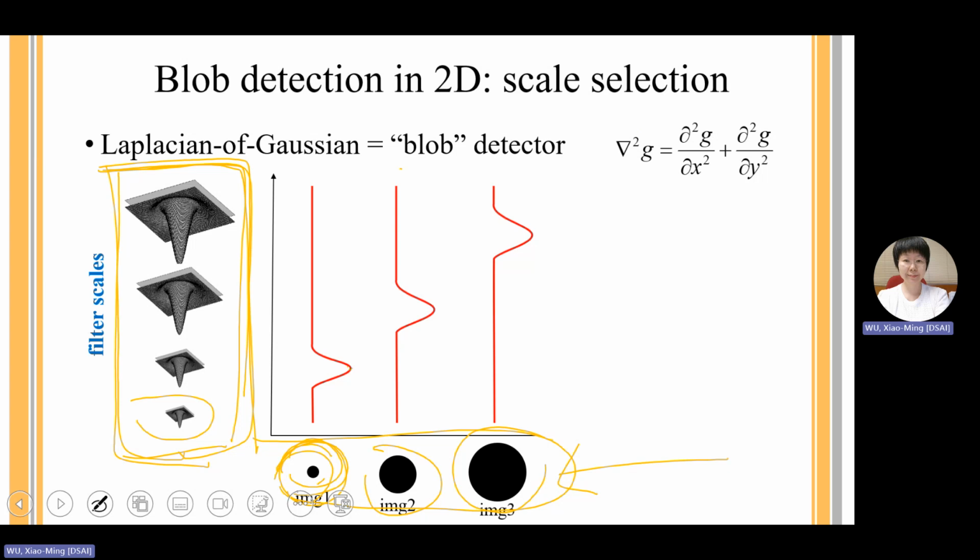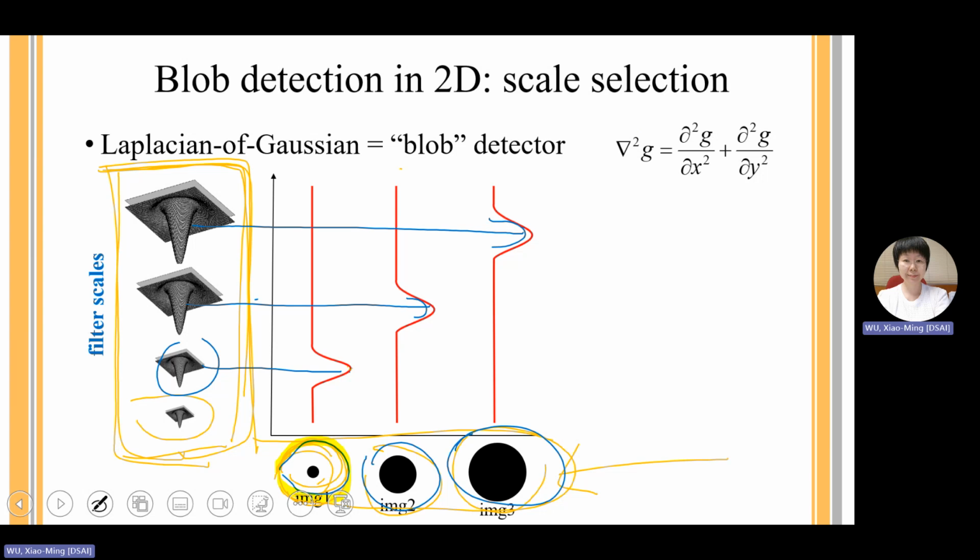For example, for this tiny blob, the second filter will give maximum response. For the medium blob, the third filter will give maximum response. For the largest blob, the fourth filter will give maximum response.